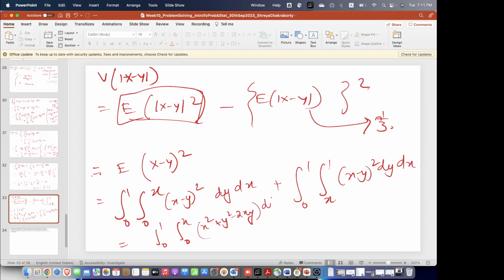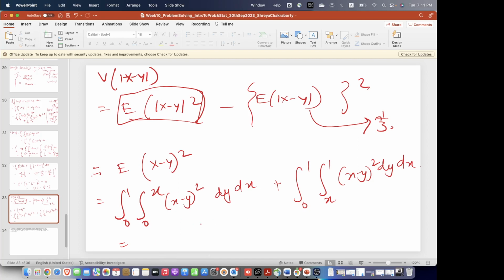Or instead of breaking it down here, we can see this thing very easily. So y can range, this is the same thing, 0 to 1 something dy dx, 0 to x something dy dx. It looks like the entire thing has been split up into two groups.